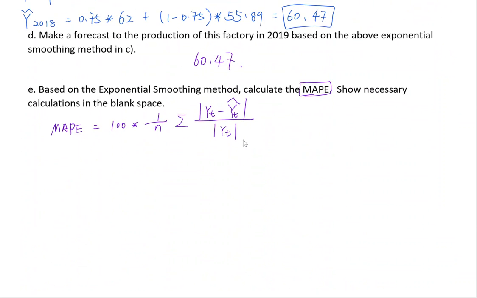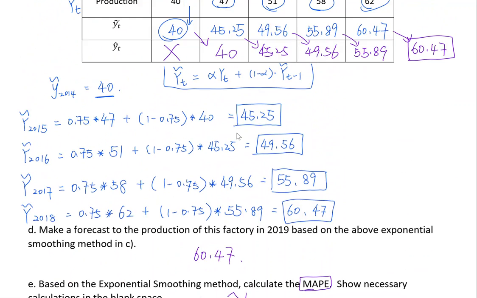So let's just calculate for each one. Outside is just a 1/4, since we have 4 pairs. And then for each pair, I need to calculate the absolute value of yt minus yt hat, divided by the absolute value of yt.